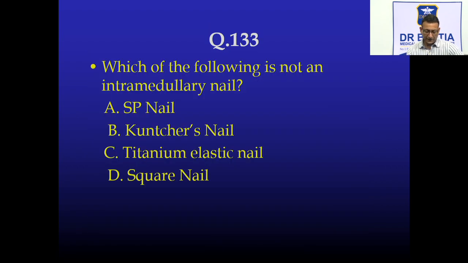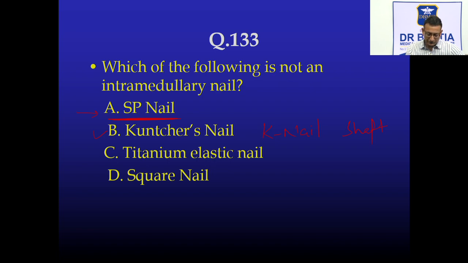Which of the following is not an intramedullary nail? The first choice is SP nail. We don't commonly use SP nail nowadays, but we'll see what it is in the next slide. Kuntscher's nail or K nail, we all know, is used for fixation of shaft femur fractures, and we put it into the shaft of the femur in the intramedullary cavity.